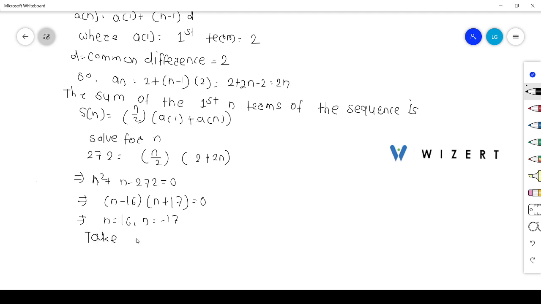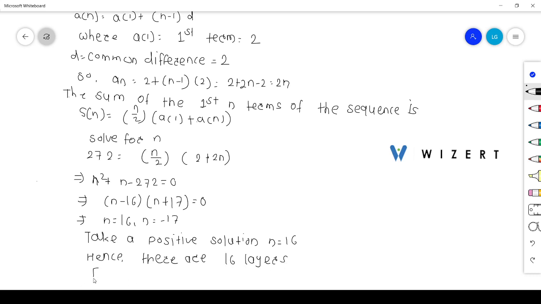So take the positive solution, that is n equals 16. Hence, there are 16 layers.